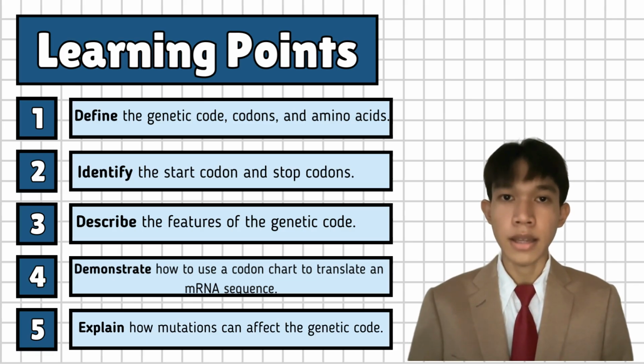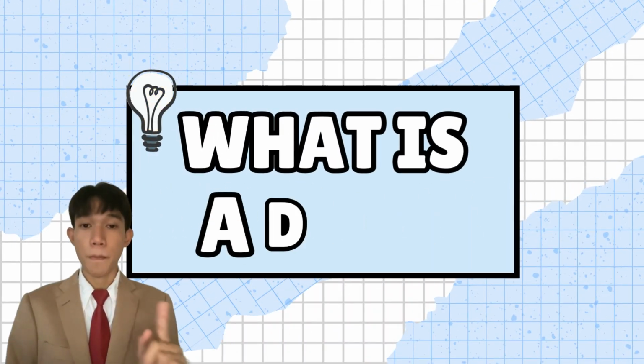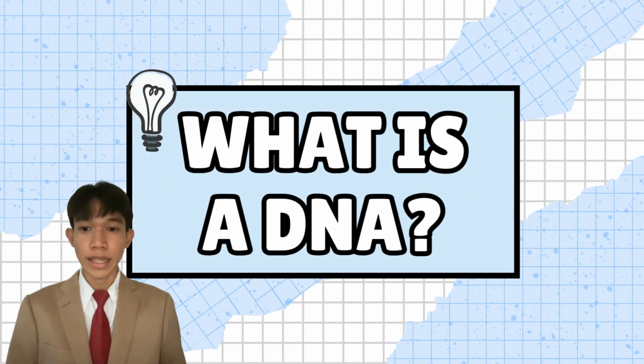Alright, let's get started. Let's warm up with a question: who can remind me what DNA is? Just shout an answer if you have an idea. Perfect! DNA is like a massive recipe book, but here's the twist. DNA doesn't build proteins directly. Instead, it shares a code.